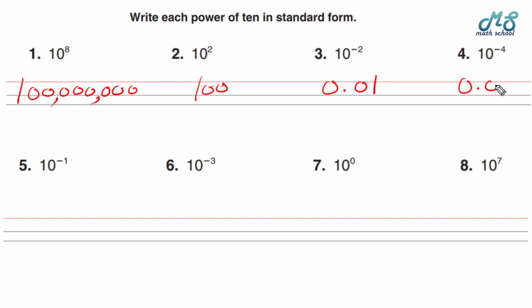So we get 0.0001, 10,000th. 10 raised to the power negative 1, we get 0.1. 10 raised to the power negative 3, so we have 3 decimal places, we get 0.001, so we get 1,000th. 10 raised to the power 0 is equal to 1. 10 raised to the power 7, just write 1 and 7 zeros, so triple zeros, and 1 0. So we get, guys, 10 million.